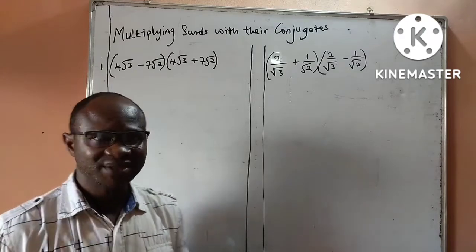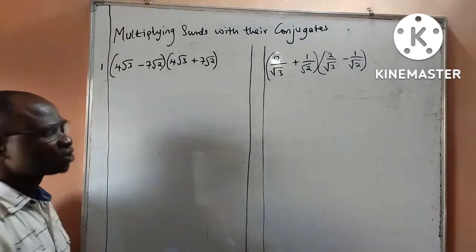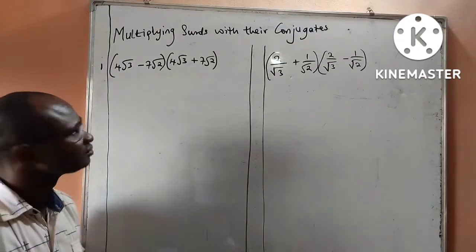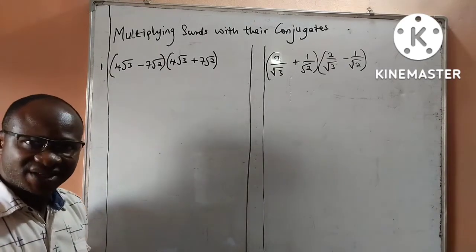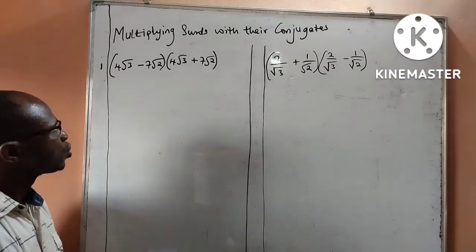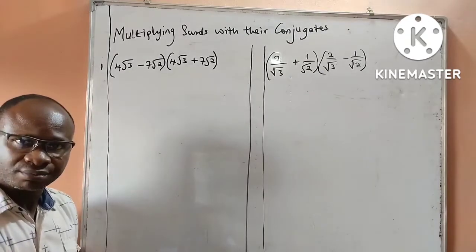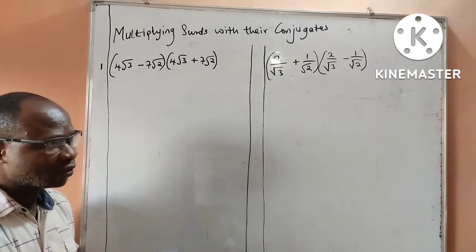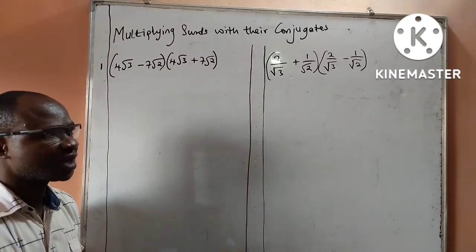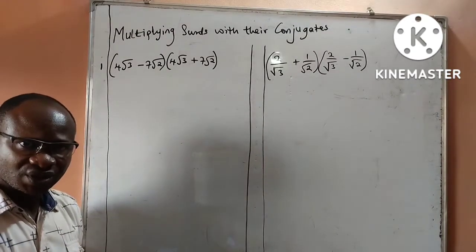In today's class, we are continuing with the Surds, and that should be Surds Lesson 3. We have done Surds Lesson 1, where we did the introduction of Surds, and we took it up to addition and subtraction of Surds.